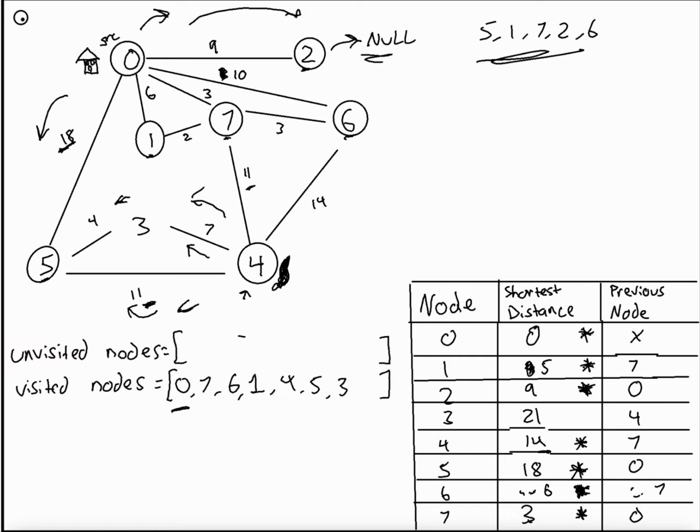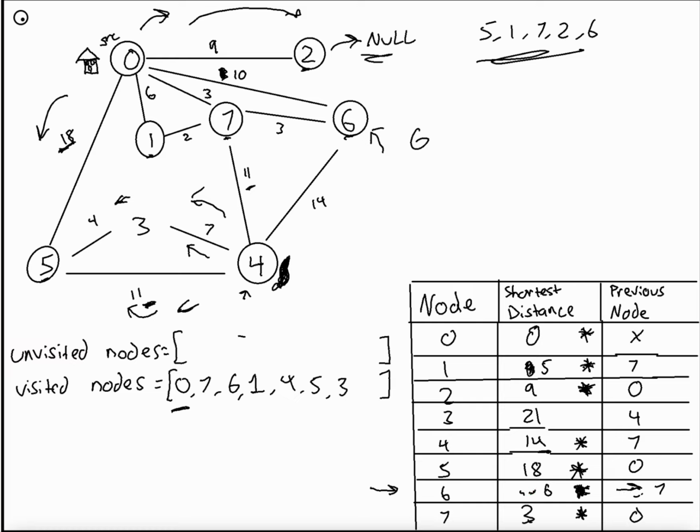Another helpful thing with this is you can pick any of these nodes. So let's say I want to pick node 6. If I look at the table, I just go down to node 6. I can find the shortest distance from 6 back to the source just by looking at this table. So 6 has a shortest distance of 6, but how did I get there?